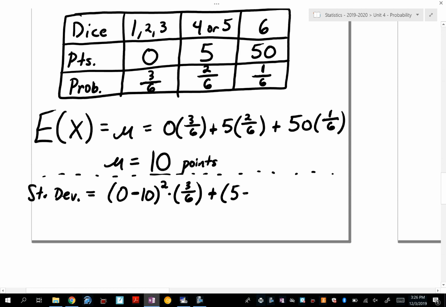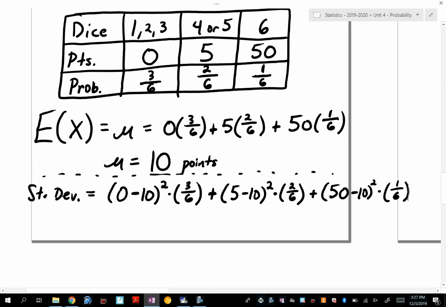So 5 minus 10 squared times 2/6, or 1/3 is fine. And then finally the last one, plus 50 minus 10 squared times 1/6. Okay?